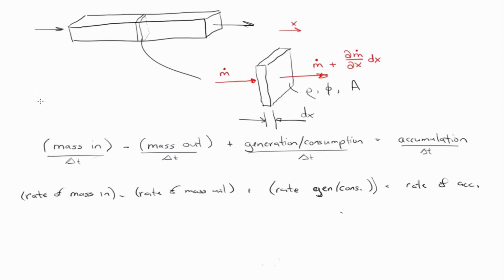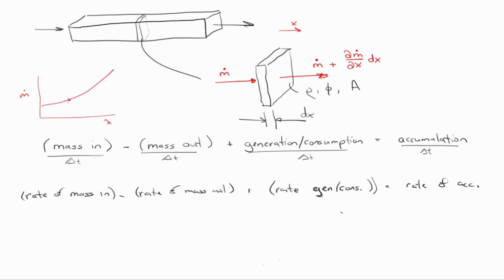I don't want to confuse you, but you could imagine that if I know the flow rate everywhere, say the mass rate as a function of x looks like some curve.